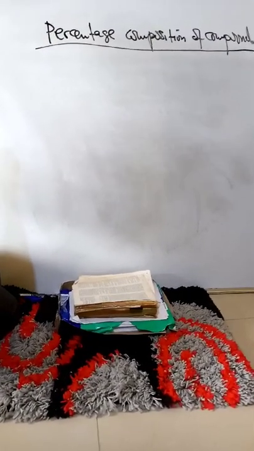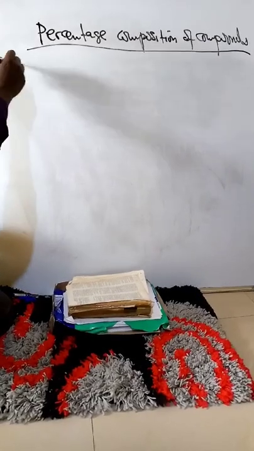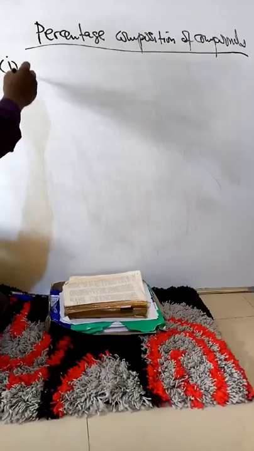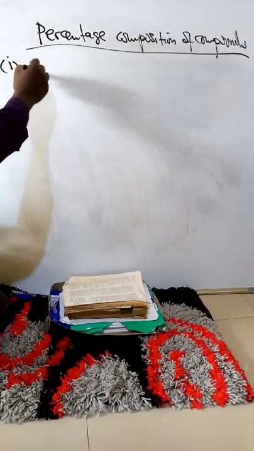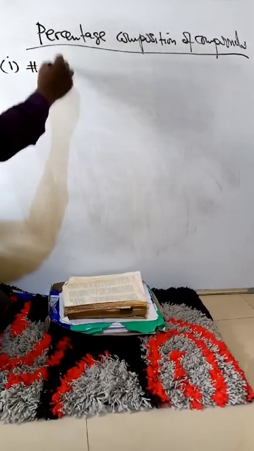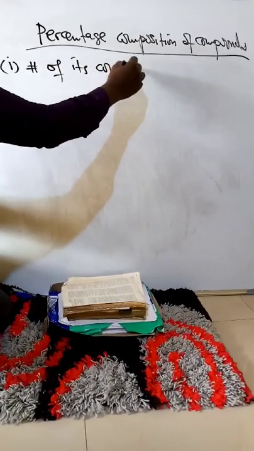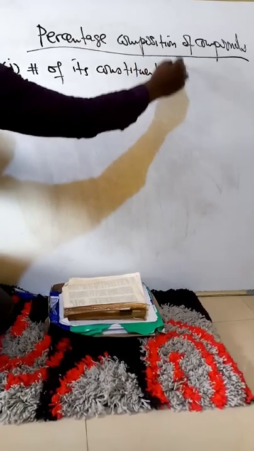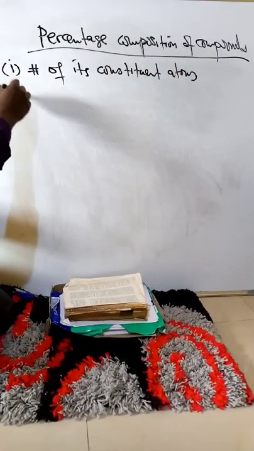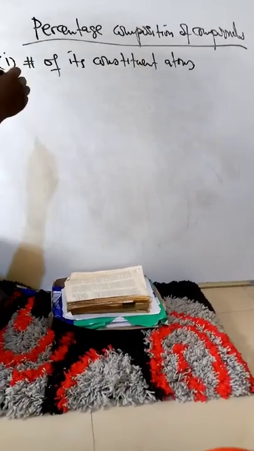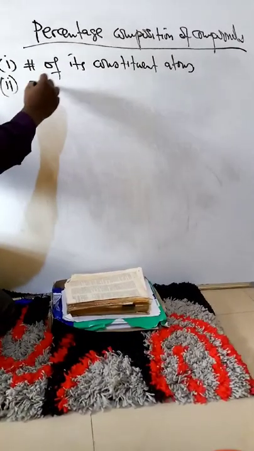The two common ways of describing the composition of compounds. Number one, we can determine the percent composition of compounds in terms of the number of its constituent atoms. Then two, we can also use percentages by mass.